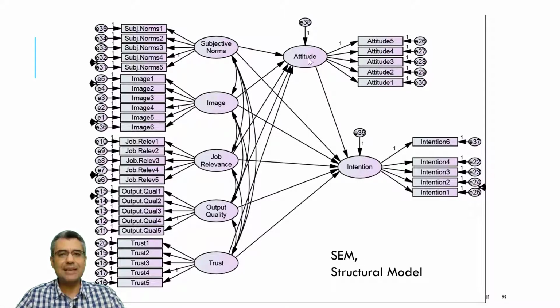Now we want to test the mediation model. So there are 5 independent variables and 1 mediator and 1 dependent variable. So what can be the hypothesis? This totally depends on the researcher. Some researchers test all these relationships one by one. For example, 5 relationships between the 5 IVs and the mediator, and then 1 from the mediator to the DV, and then 1 for the indirect, for the mediation model.